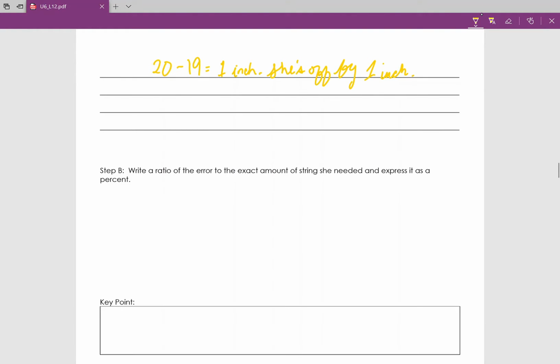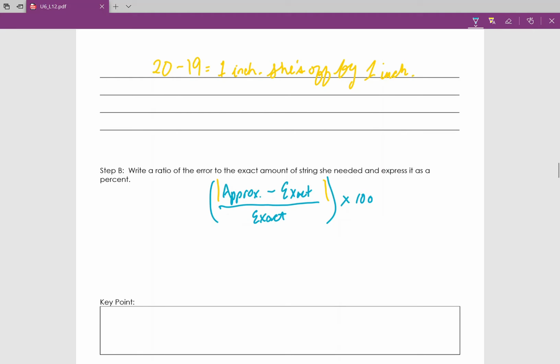If we take the absolute value, just like we do in percent change, we take the absolute value of the approximation minus our exact value, and if we put that all over our exact and then multiply it by 100, we're going to get our percent.